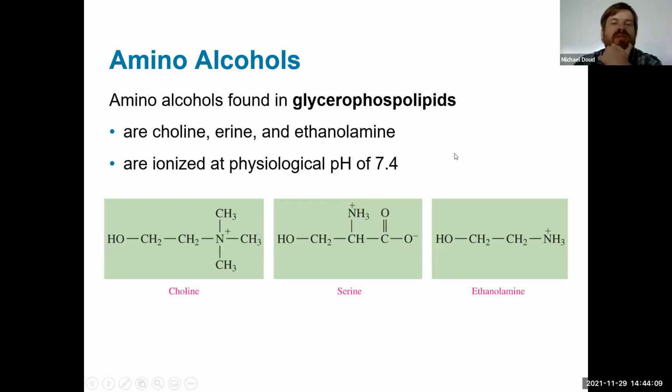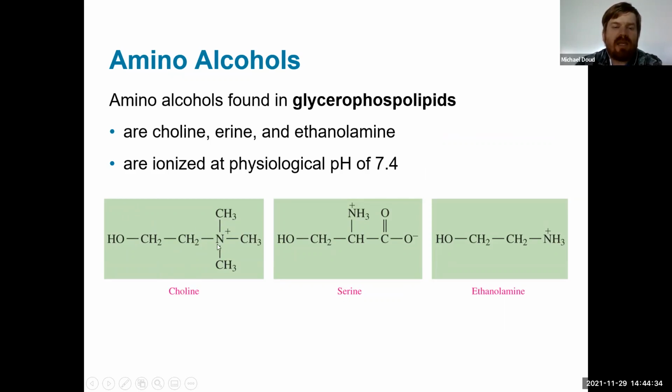Okay, so let's briefly mention the types of amino alcohols that can be found in the glycerophospholipids or in sphingomyelin. You have choline here, and you can see you have an alcohol hydroxyl group on this first carbon here. And then we end with a positively charged ammonium that's bonded to 4 different methyl groups.